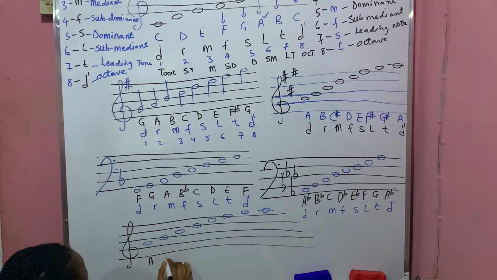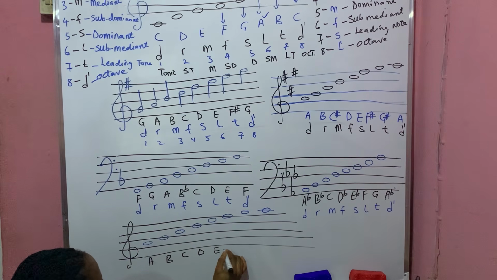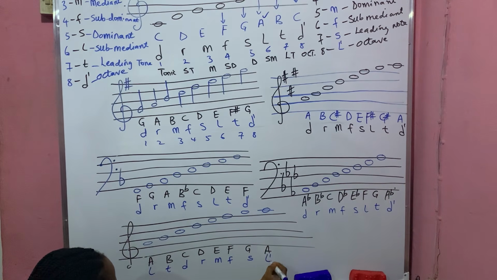It will now be A, B, C, D, E, F, G, and back to A, which will now be La, Ti, Do, Re, Mi, Fa, Sol, La. Can you now see?